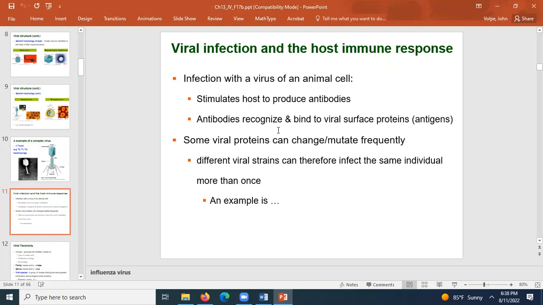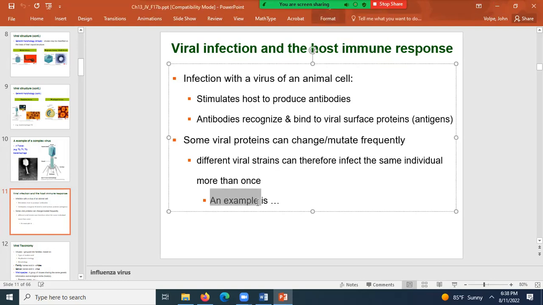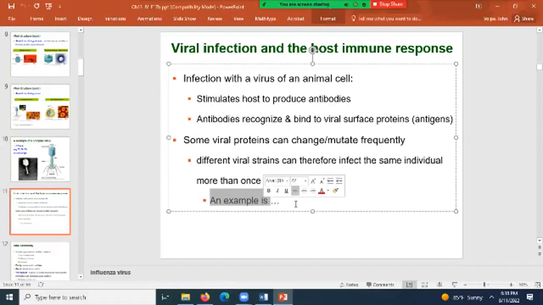Some viruses are harder to fight off, and that's because the viral protein can change or mutate frequently. Therefore, different viral strains can infect the same individual more than once. Can anyone give me an example of that? Where more than one viral strain can infect the patient more than once.